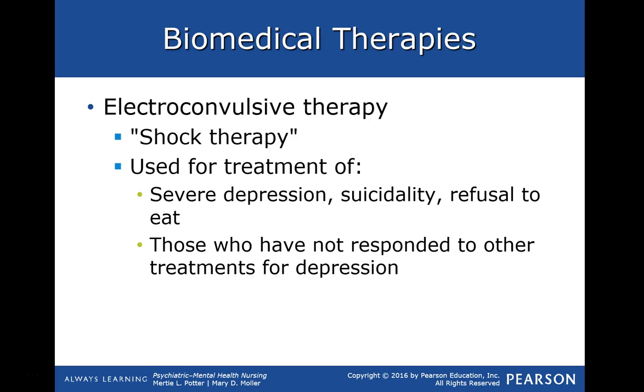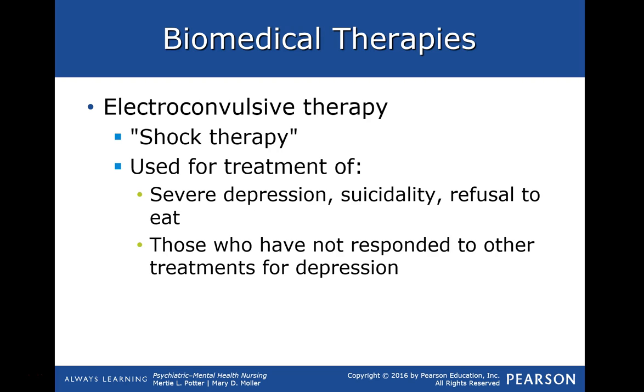Inform the patient that the electrodes will be placed on the head, so there could be some shaving of the hair involved. We will also place electrodes on the heart. There could be some short-term memory loss that needs to be explained to the patient. They can have some short-term confusion, as well as extreme fatigue, which are common after the treatment.